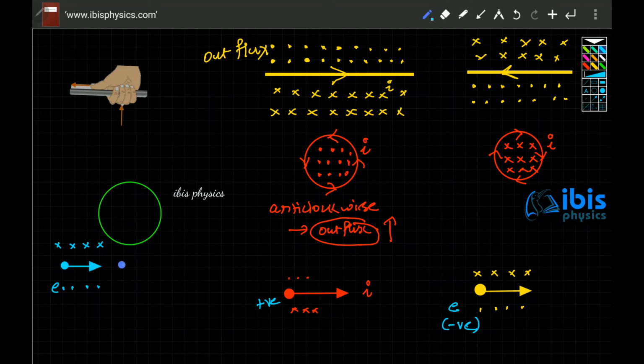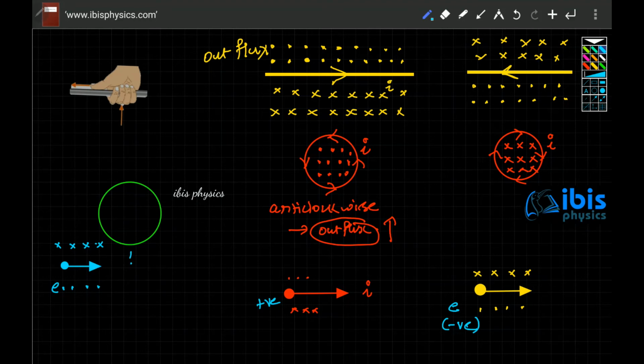Because when the electron comes this way, the influx of the magnetic field increases. Because of the influx, an EMF is induced in the coil. That EMF, according to Lenz's law, will oppose the cause. What is the cause? The influx is the cause. It will try to oppose the influx. In order to oppose the influx, it has to produce outflux. Outflux meaning it has to produce anti-clockwise current to give outflux magnetic field.